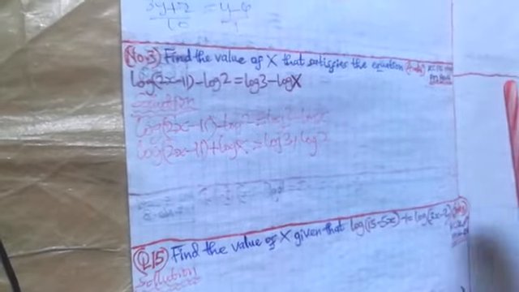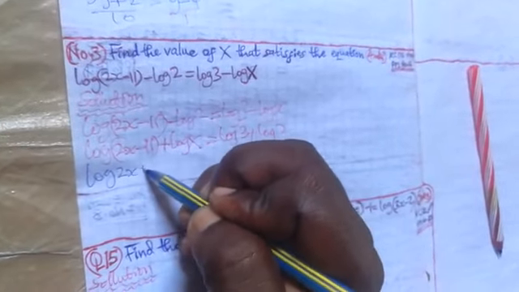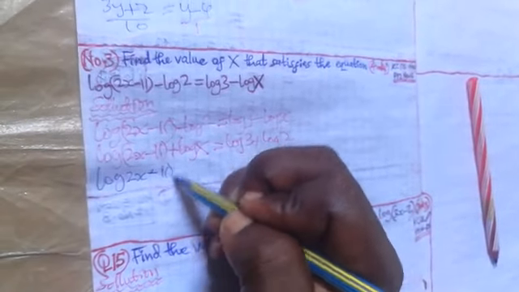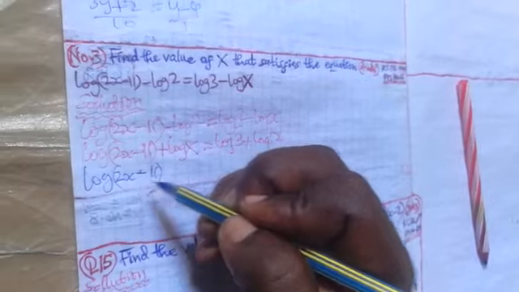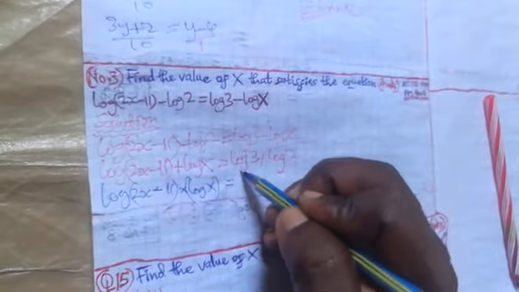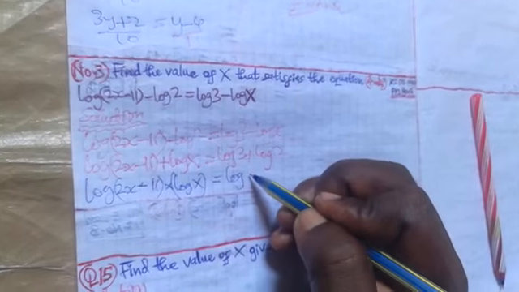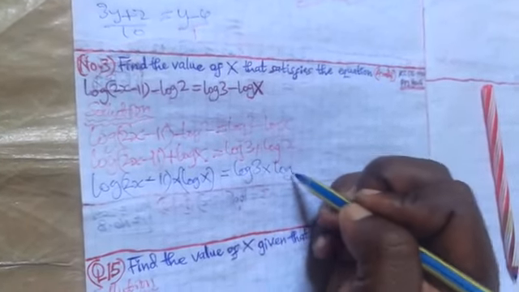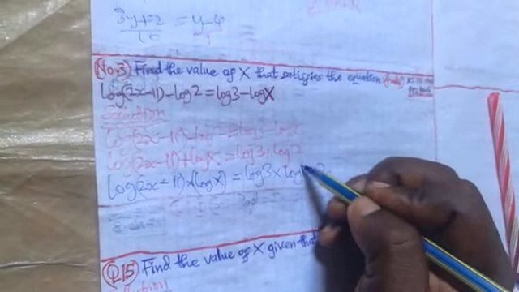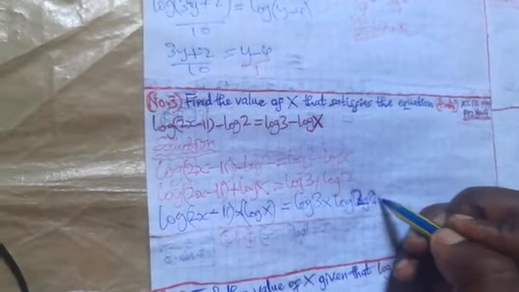Therefore we want to say that log of 2x minus 11 times log x is equal to log 3 times log 2. Sorry, this is log 2.